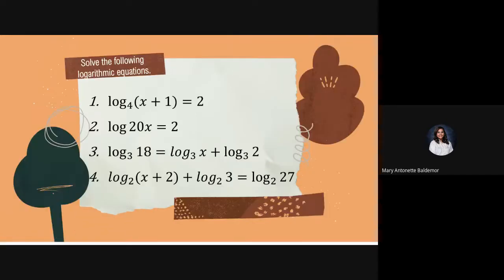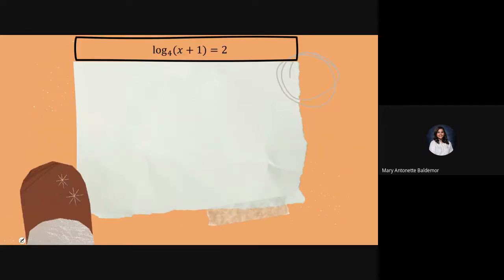Okay, so the first one we have the logarithm of x plus 1 with base 4 is equal to 2. Now, in this case, we will be transforming this logarithmic equation to an exponential equation.